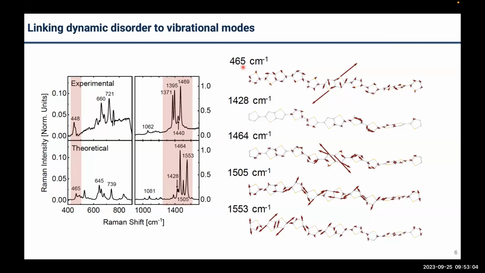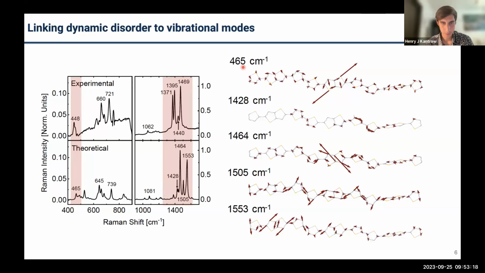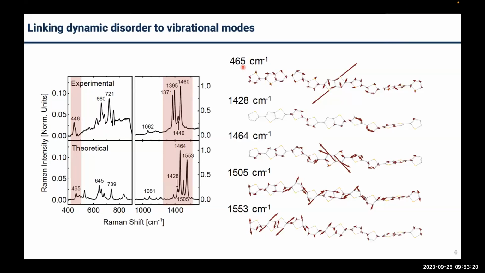I have actually a question. So you look now at the high energy transition, let's say about 2 electron volt, right? Yes. But this disorder will be mostly related to exciton transport, not to charge transport.